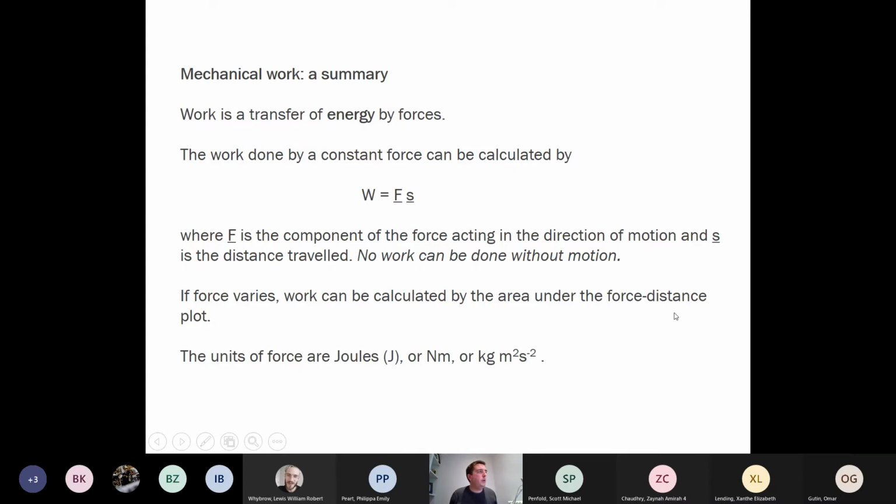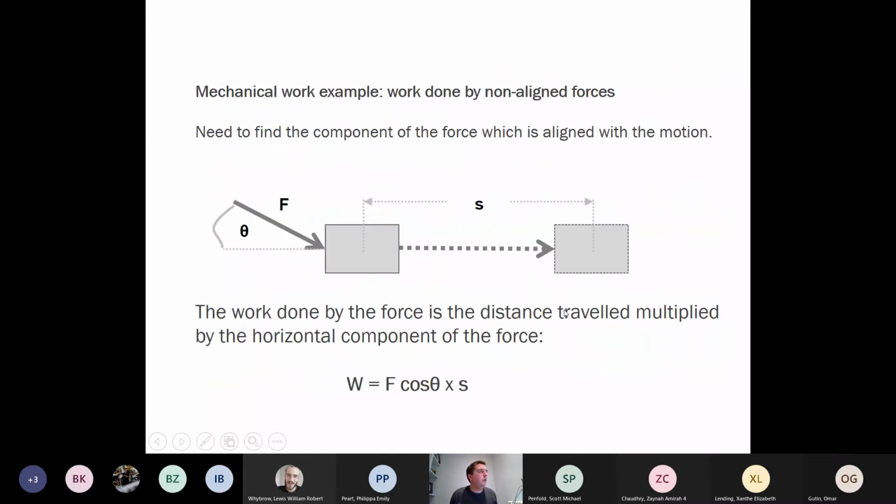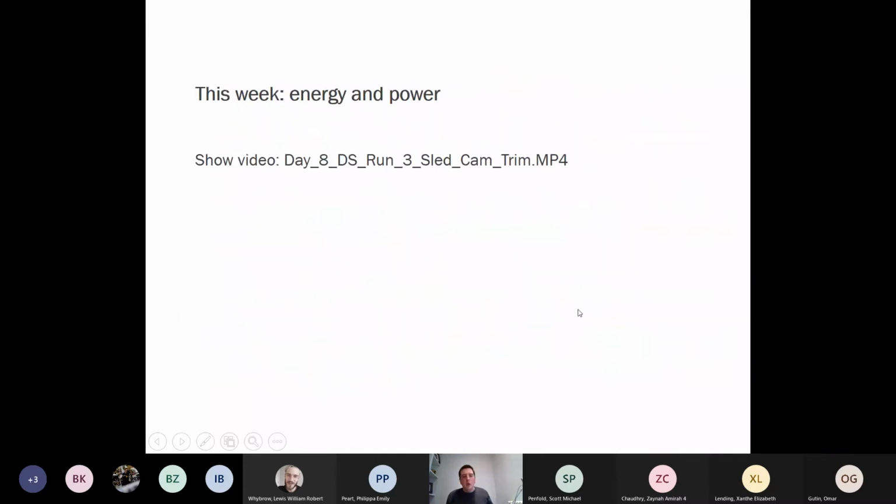This is where we've just been thinking about work being force times distance. A couple of examples. Let me just see if I can pull up this video. Sorry, I'm just getting it now.